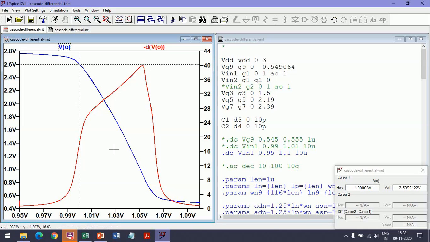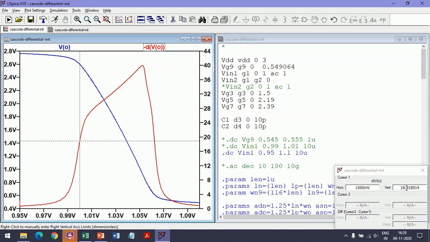Let me be precise here. When both the inputs were 1 volt, the gain is 18.9, which was 25.25 dB or whatever. We want the gain to be less than 17.